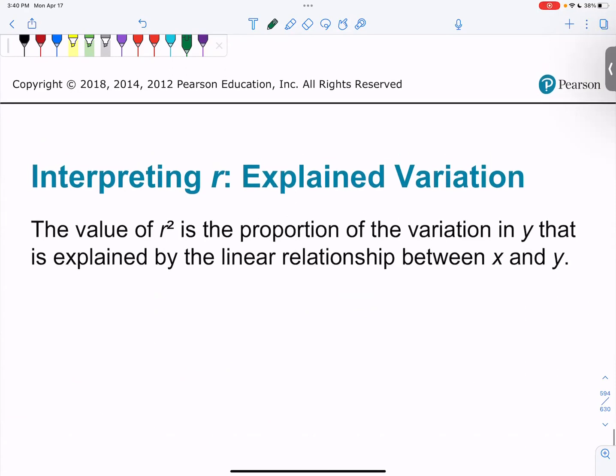Oh, and also now this value of R square. R square, we can call it a coefficient of determination. This R square basically is the square of R. So we remember R is between -1 and 1.